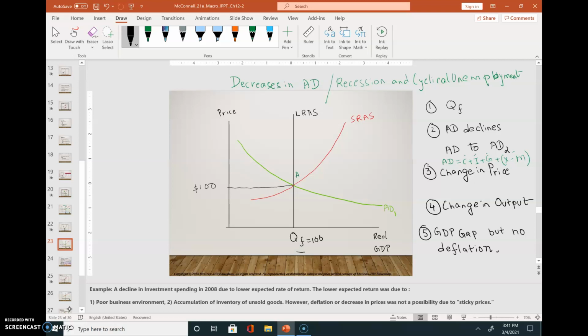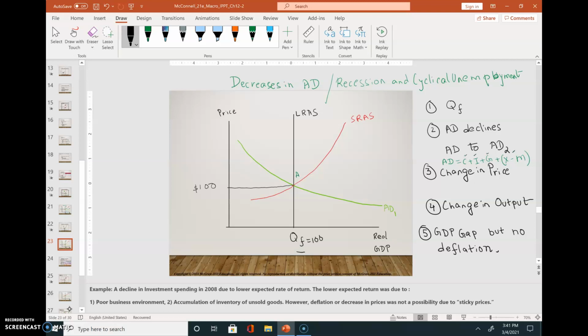Now, if you look at step 2 here, we need to see if any component of aggregate demand went up or went down. Aggregate demand is equal to consumption, investment, government expenses, and net exports. During 2008, there was a low expected rate of return because of the subprime mortgage crisis, or the housing crisis.